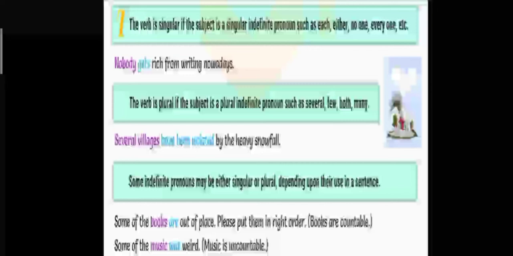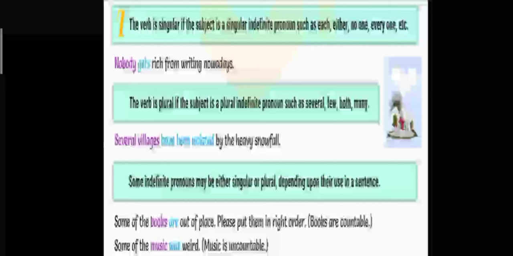The verb is singular if the subject is a singular indefinite pronoun such as each, either, no one, everyone, etc. Nobody gets rich from writing nowadays. The verb is plural if the subject is a plural indefinite pronoun such as several, few, both, many. Several villages have been isolated by the heavy snowfall.